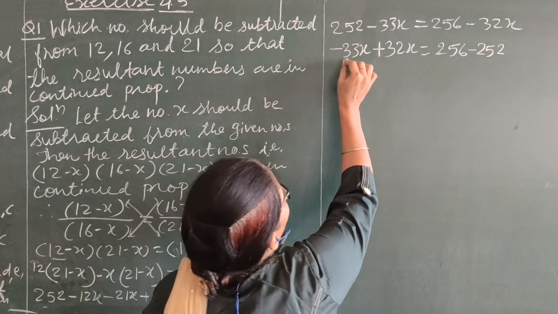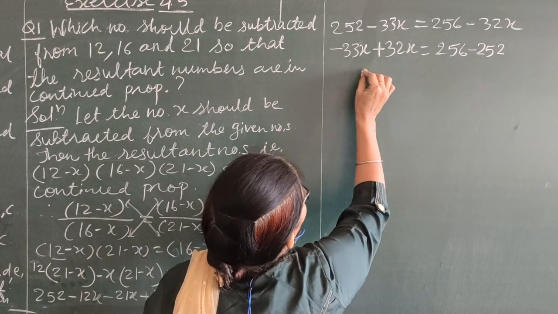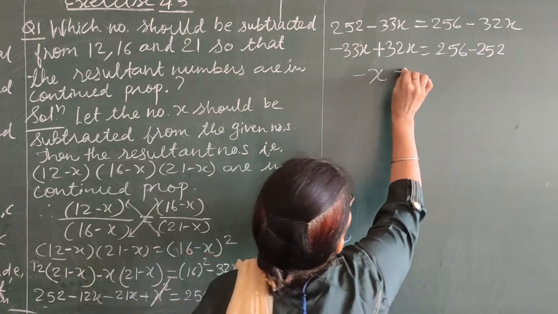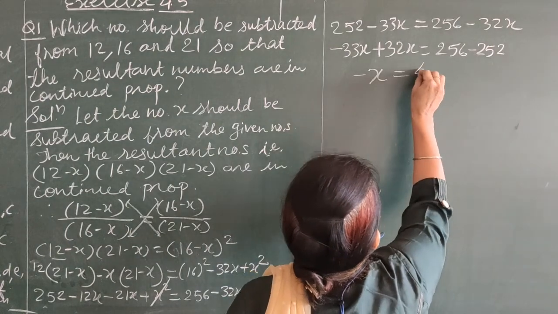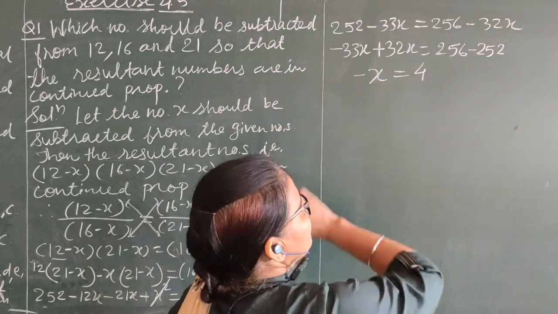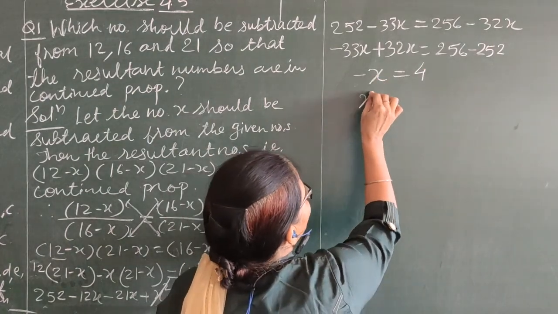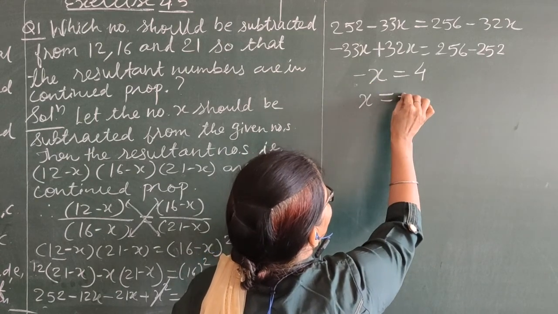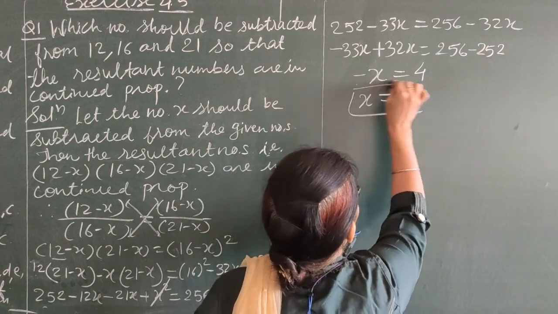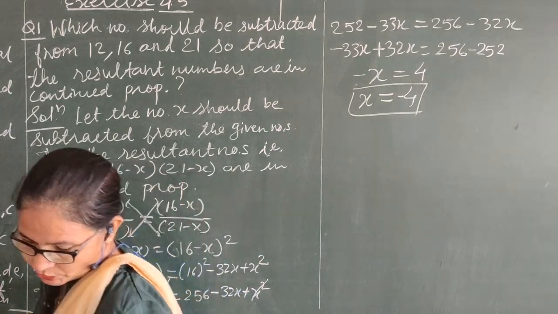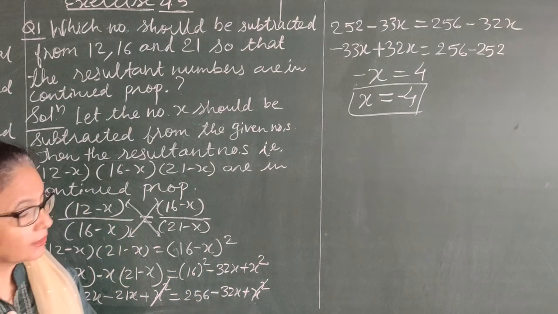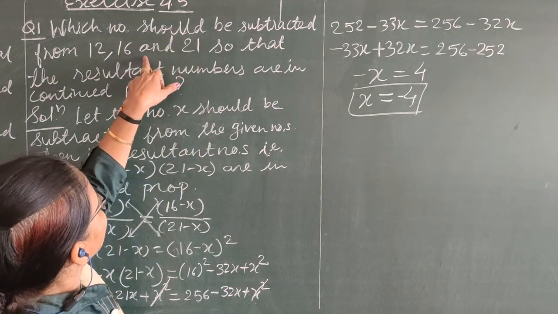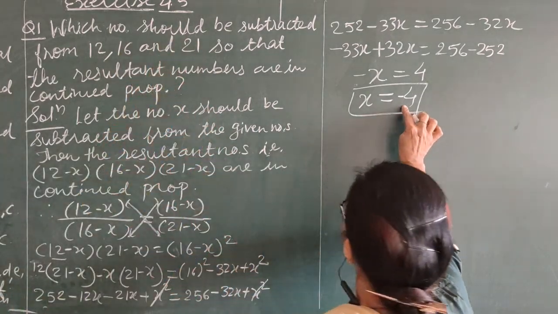Now see children, let's simplify. Minus 33 plus 32 is equal to what? Minus x. And 256 minus 252 is equal to what? 4. So you know we never keep minus with x. So let's transpose this minus here. So x is equal to minus 4. And according to the question, what was your question? Which number should be subtracted from these numbers?